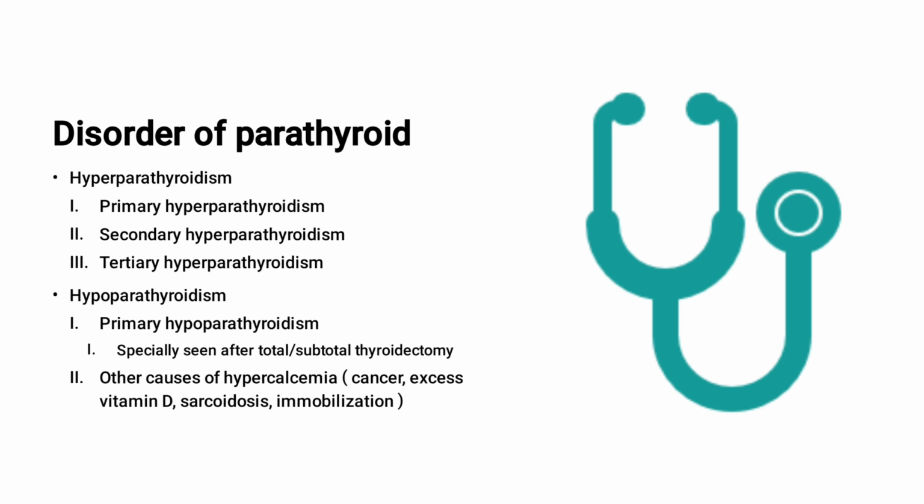So moving on to the disorders of the parathyroid, which are not a lot. Usually it goes with the same algorithm as the other endocrine pathologies. So we always order it this way.